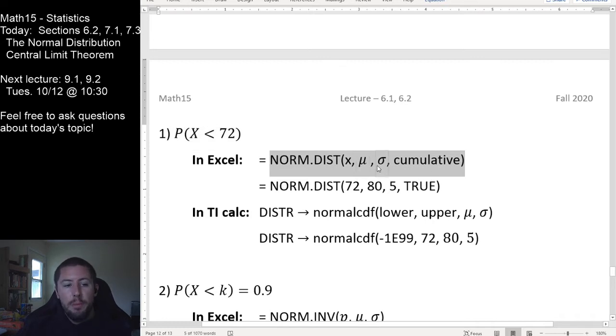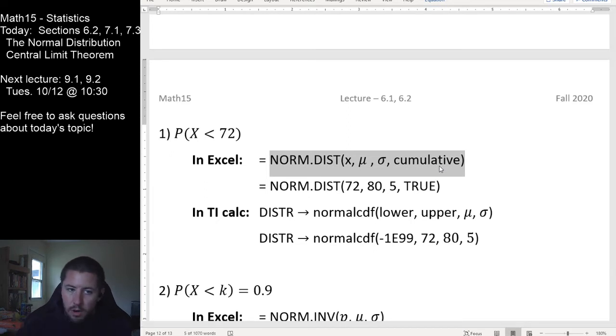Just like in BINOM.DIST, you always needed to give it n and p because that's how a binomial distribution is defined. Here, normal distributions are always defined by mu and sigma, so those are always going to be components of the computation. We're always going to give cumulative to be true because we're always going to be computing intervals of probabilities, right, up to 72.